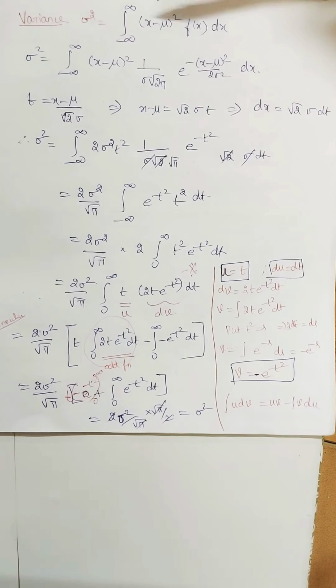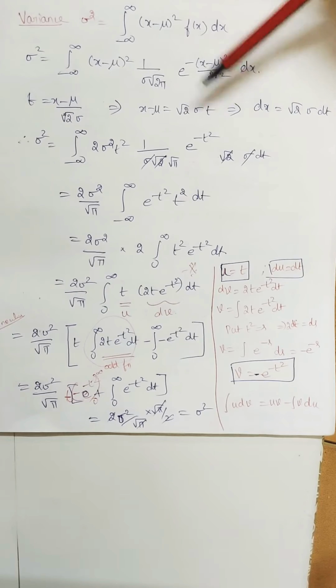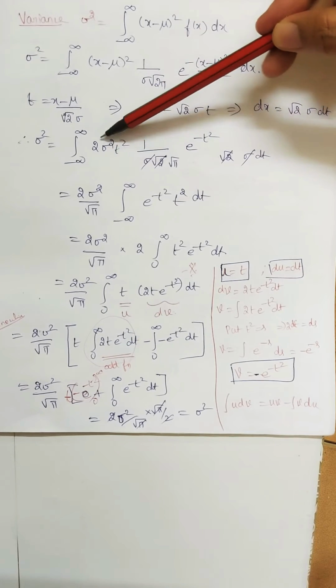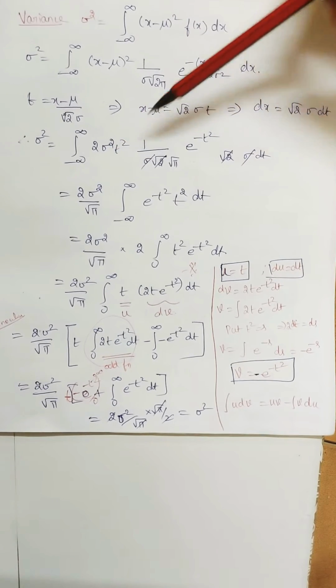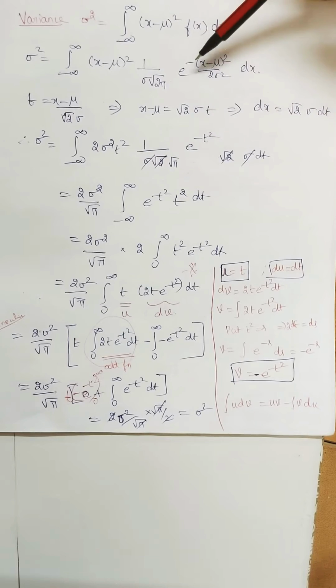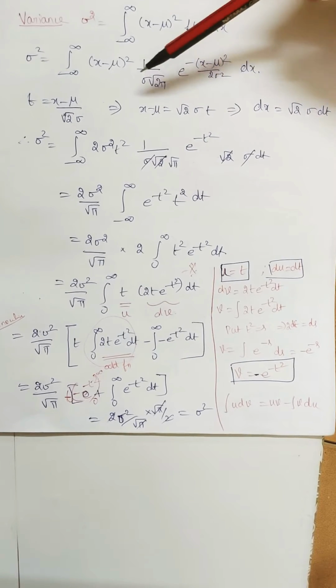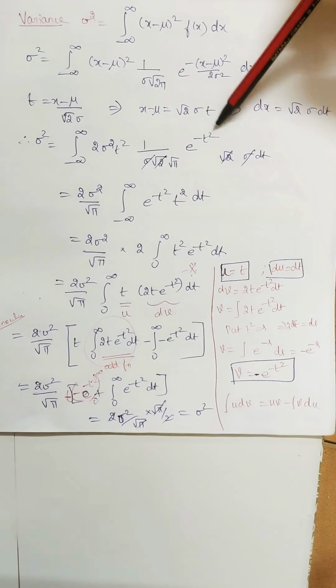So I have substituted x minus mu as root 2 sigma t. Here since square is there, this will become 2 sigma square t square. And we have written the function f of x as it is, so e power minus t square, because if you substitute the whole thing as t, you will get e power minus t square.